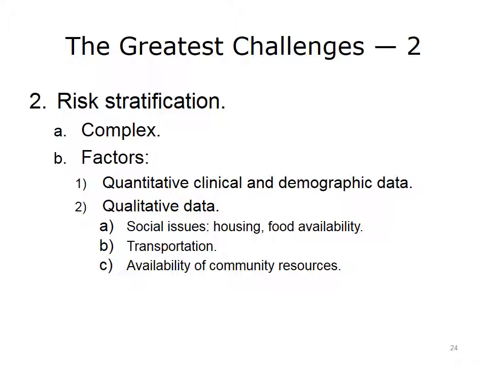Qualitative data is less available, and issues such as social issues, housing, food availability, transportation, availability of community resources are often things that you have to personally ask a patient about in a face-to-face assessment prior to starting an intervention. And so having that is difficult data to have, therefore, in the whole population. And so while social determinants are extremely important in terms of determining health outcomes, the data are hard to collect and often require a great deal of face-to-face interaction.